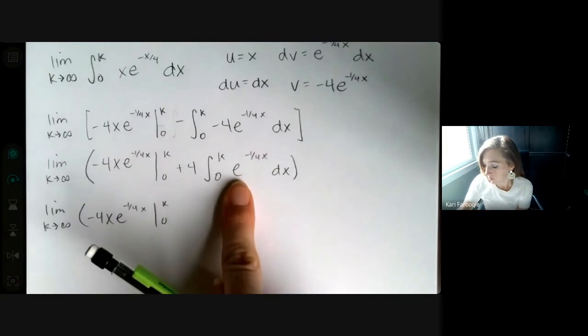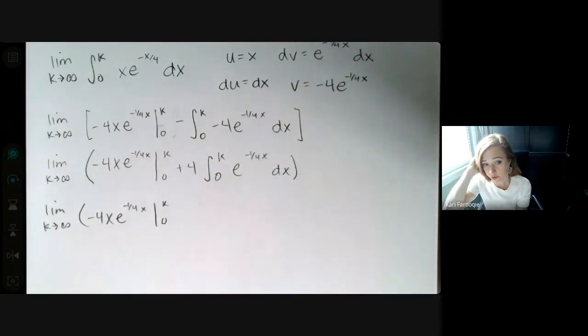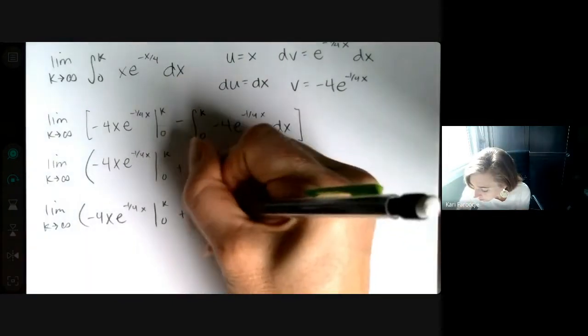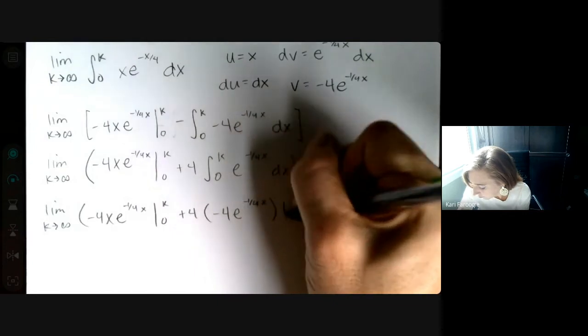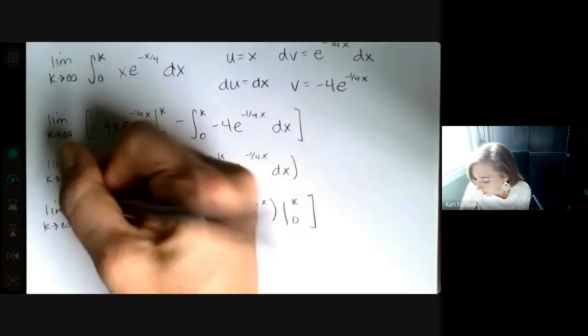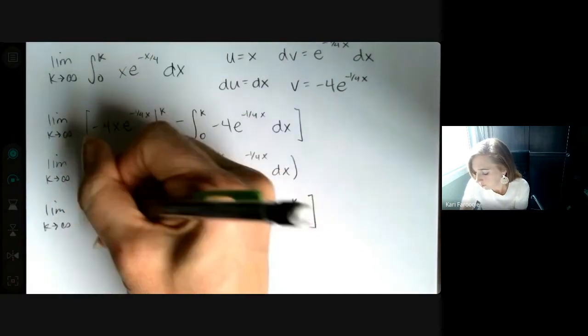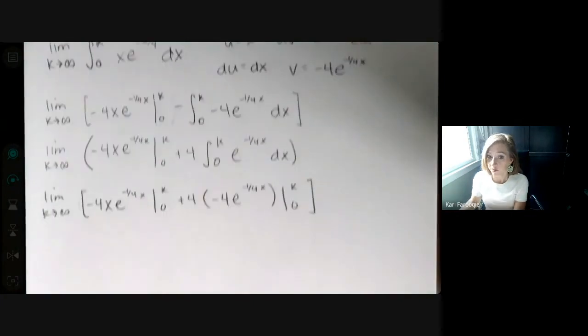And we already integrated this function before. We found that it was negative 4e to the negative 1/4 x, from 0 to k. Look at that, I didn't use brackets that time, and I needed brackets. All right, I'm going to simplify this again.